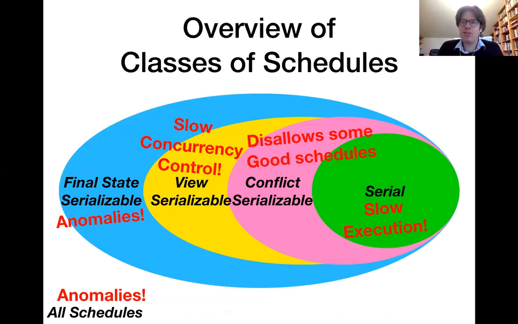But what we get in exchange is a criterion that is very efficient to verify using this conflict graph that we have seen. And that is why we will be aiming for creating conflict serializable schedules via concurrency control in the following. It is a compromise between different criteria.